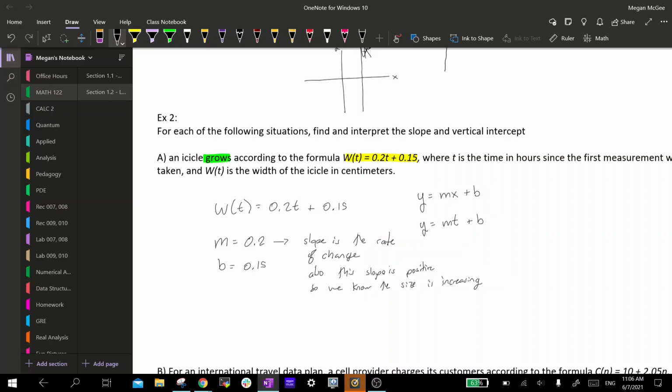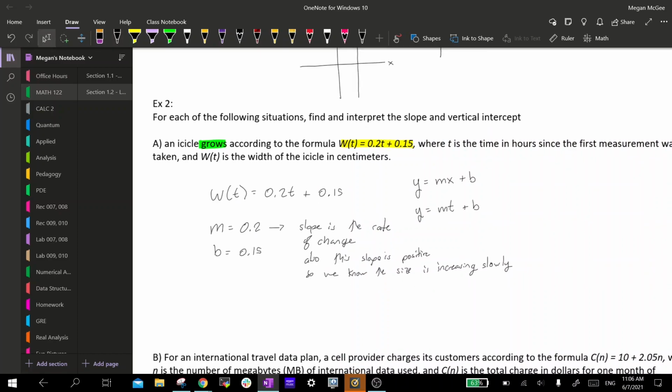So we know the size is increasing slowly, because it's only increasing 0.2 centimeters per hour. So pretty slowly. Okay, so we've now found and interpreted the slope.